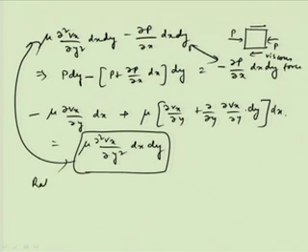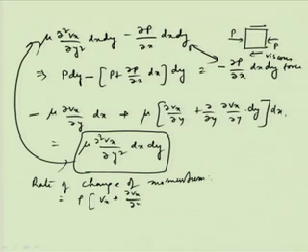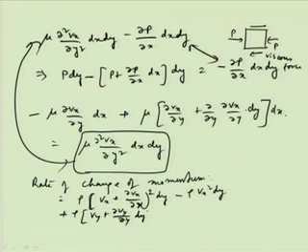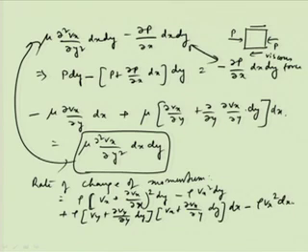The rate of change of momentum, if we add up all the things and find out, will become rho into Vx plus del Vx by del x, whole square into dy, minus rho Vx square dy, that is the x directional momentum, and then from the y direction whatever is coming, plus rho into Vy plus del Vy by del y into dy into Vx plus del Vx by del y into dy into dx, minus rho Vx into Vy into dx.